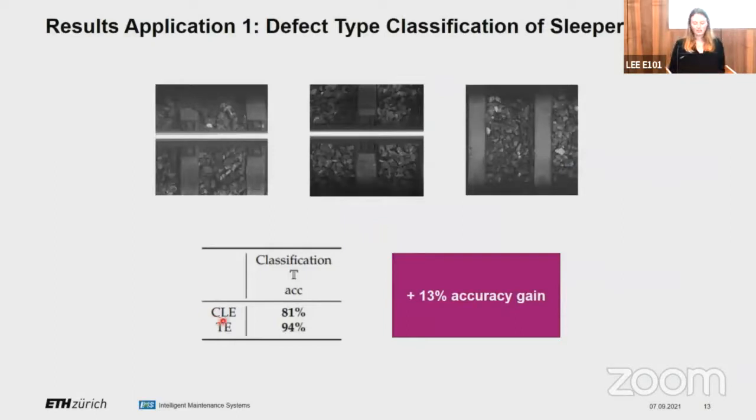So the first result here is of a normal classification model. But if we then apply what we have introduced earlier, where we learn a feature space and later on classify it, we could gain an accuracy gain of 13%. So that's really nice. So we have covered the first case study.